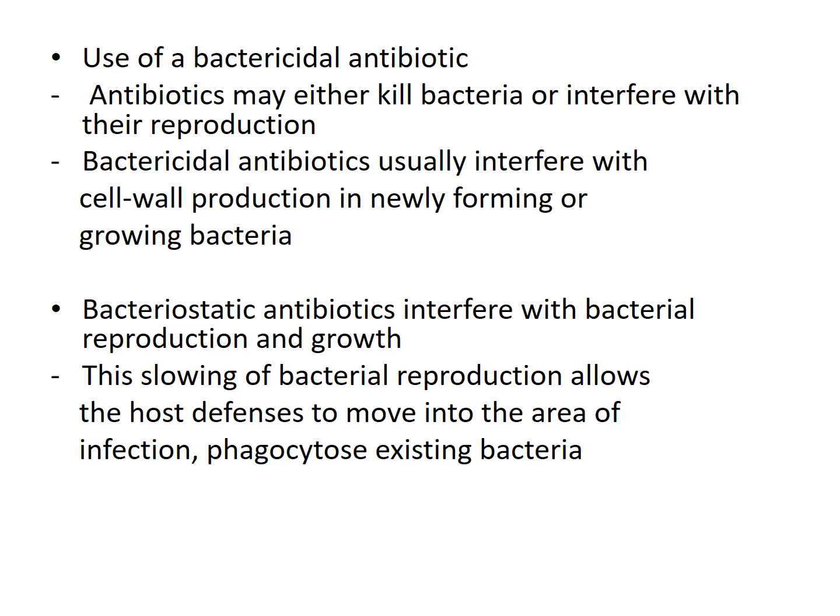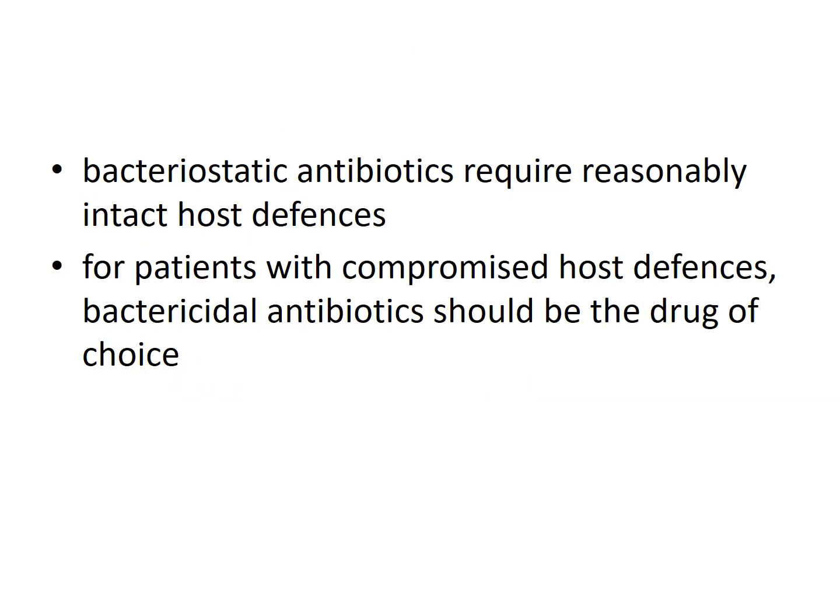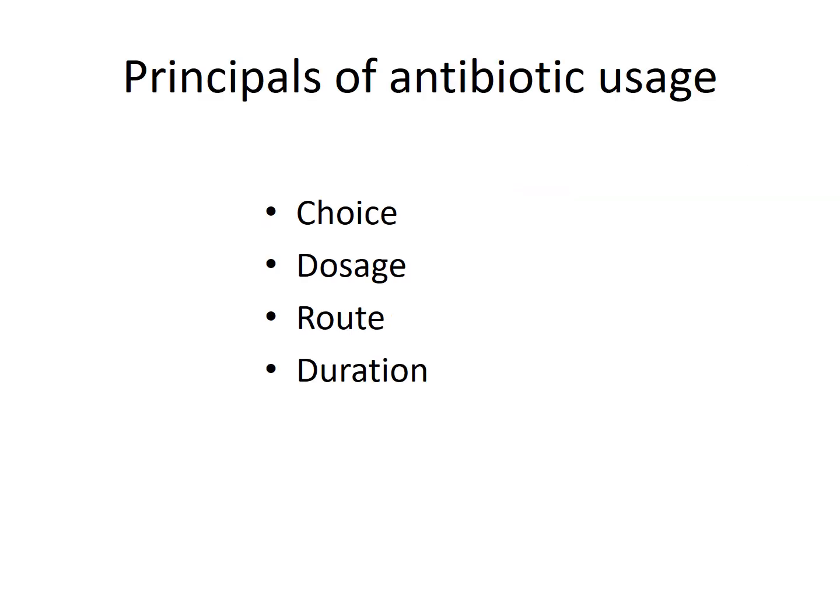This slowing of bacterial reproduction allows the host defense to move into the area of infection, phagocytose the existing bacteria. So bacteriostatic antibiotics will require reasonably intact host defense. For patients with compromised host defenses, bactericidal antibiotics should be the drug of choice.